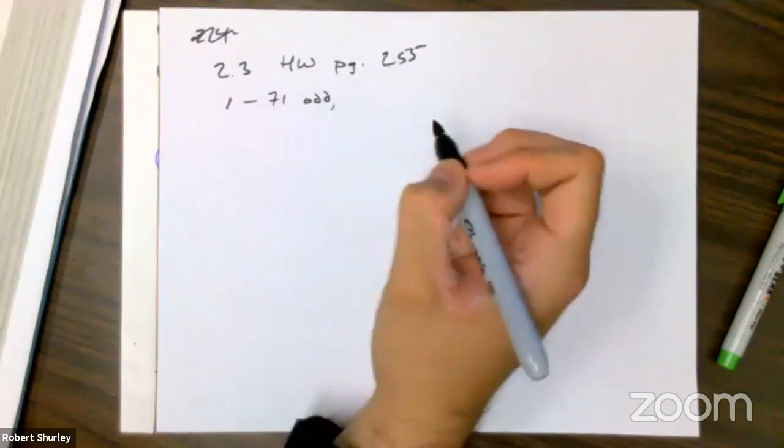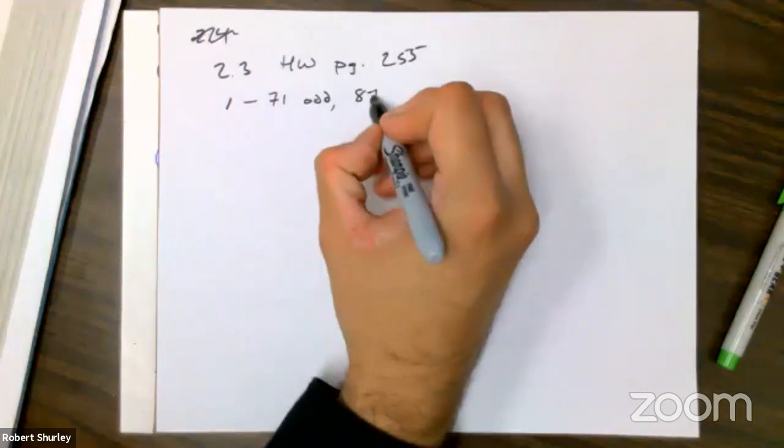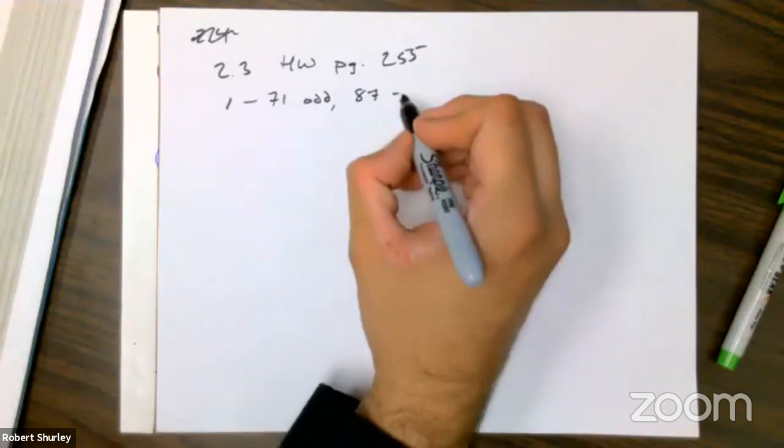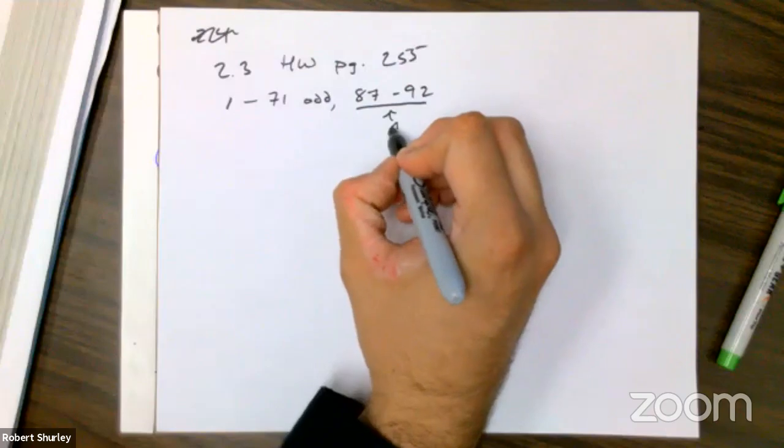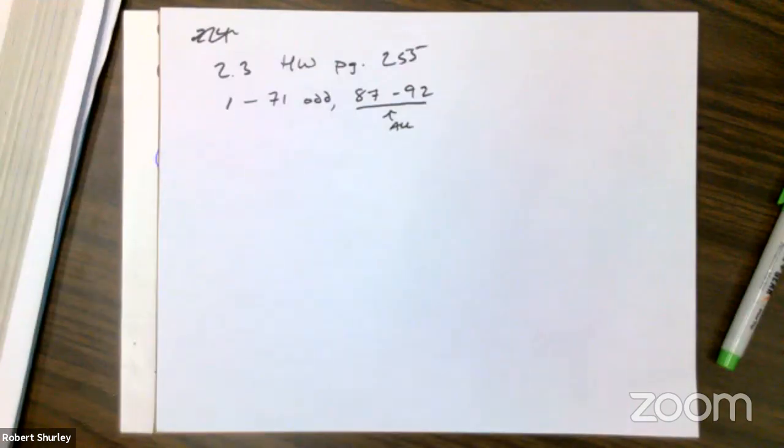And then we're going to skip over to the applications, 87 through 92. Now, for these, I want you to do all of them, okay? I know you've only got the odds in the back, but we'll talk about the evens too at the beginning of the next lecture. Okay.